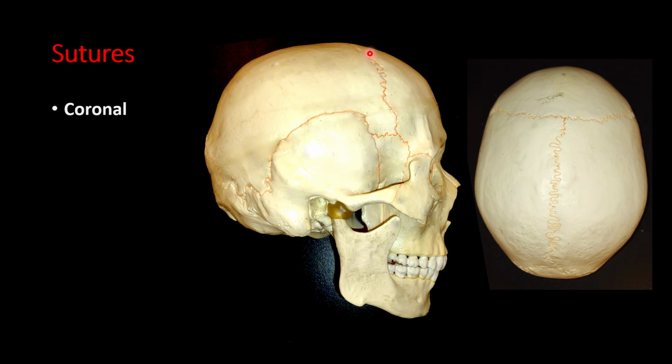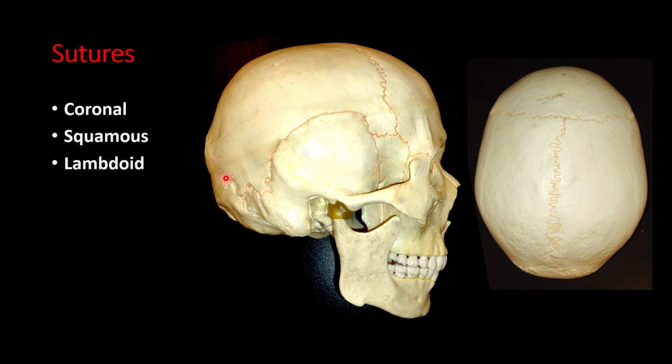One is coronal suture, and this is connecting frontal bone with the parietal bone. This is the coronal suture, also is called frontal suture. Squamous suture. This is the squamous part of the temporal bone, and that connects with the parietal bone.